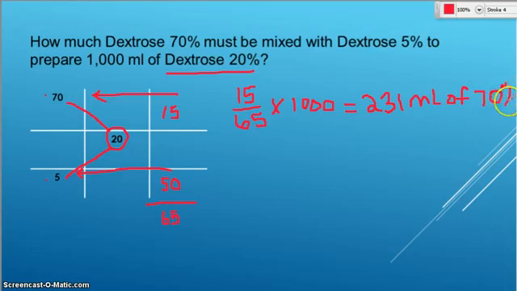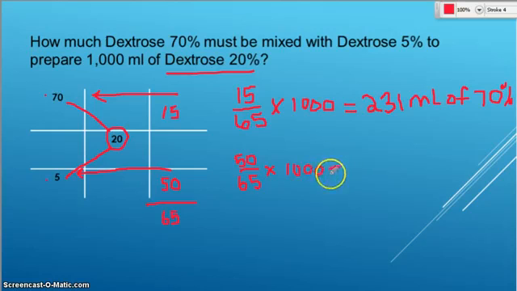Now, I also need to figure out how much of the 5% we need. We're going to do the same thing. We're going to take the number of parts, which in that case is 50, and put that over the 65, because that's how many total parts we have. We are going to multiply that by the total quantity we want to prepare, which in this case was 1,000.